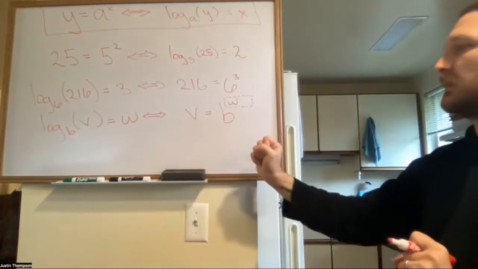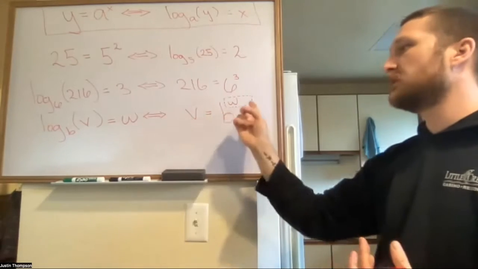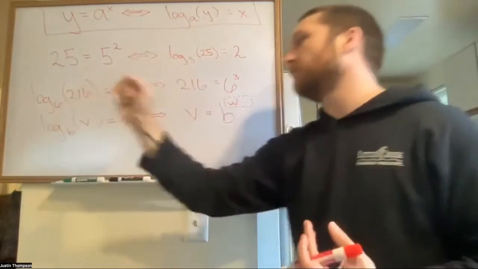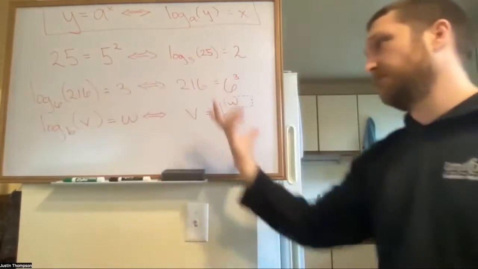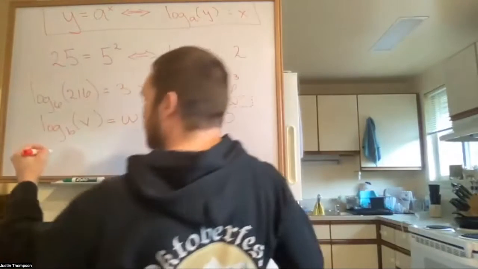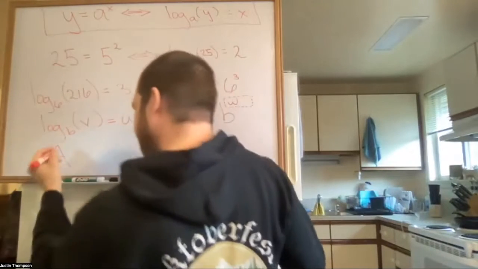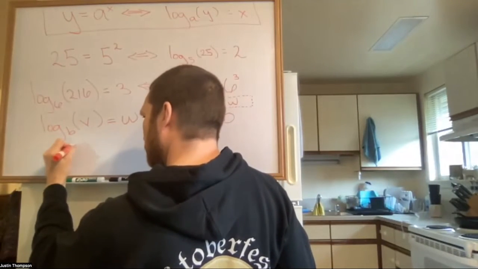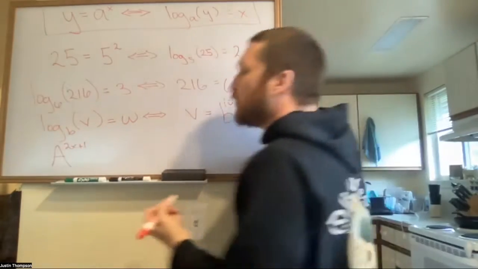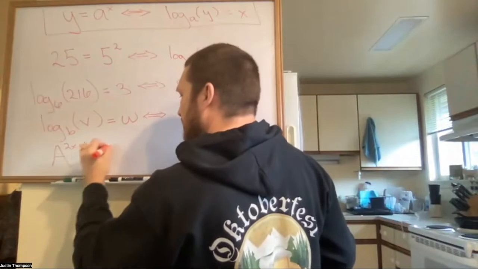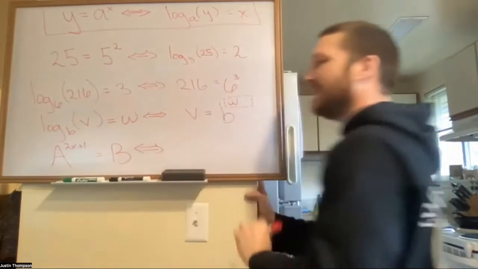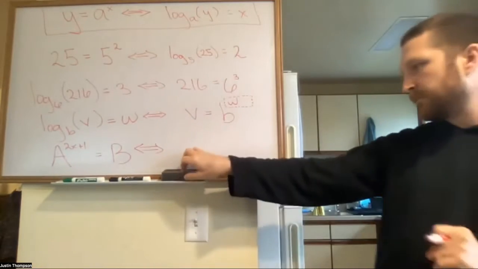And then whatever w happens to be, no matter how ugly it is, we could rewrite it like this, or vice versa. And either way can be helpful. And so, like I was just saying, a raised to the power of 2x plus 1 is equal to b. Please rewrite this in log form.